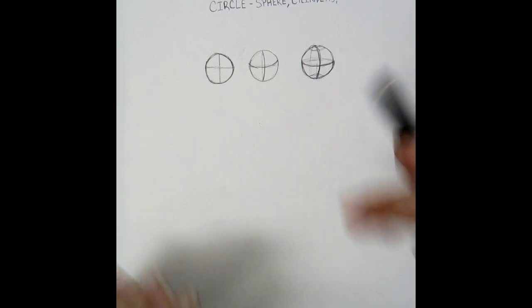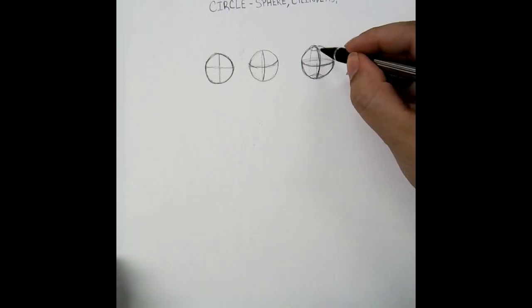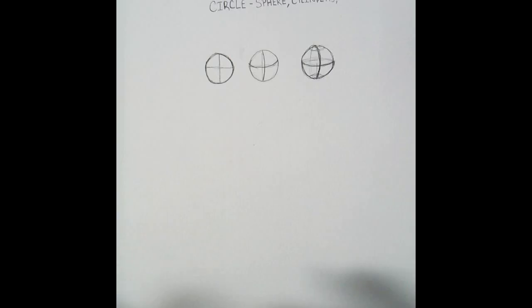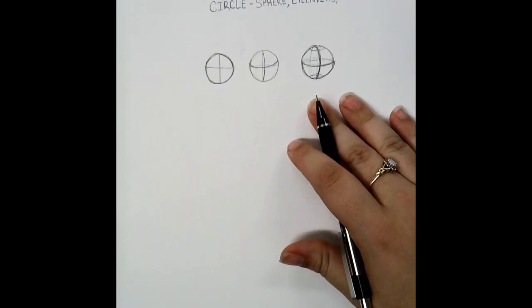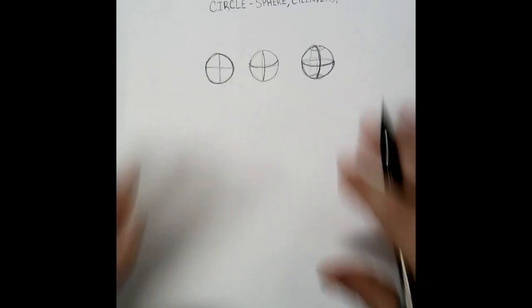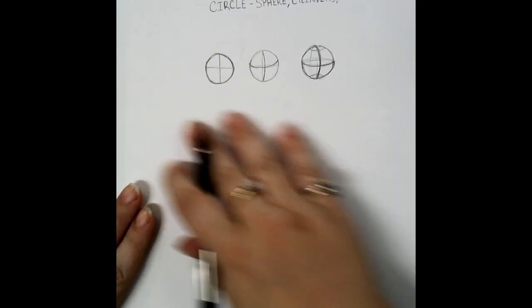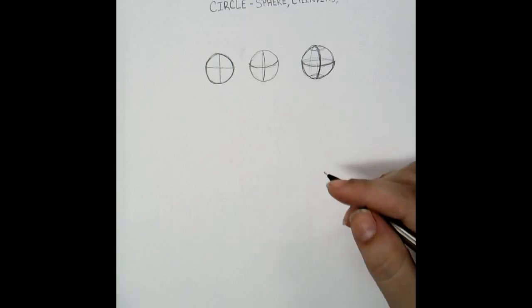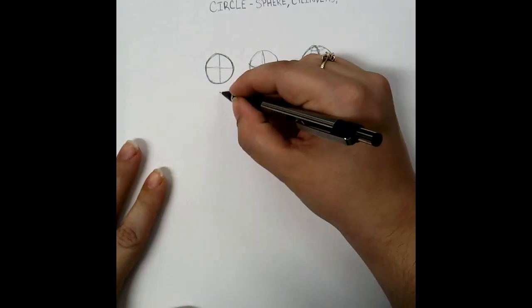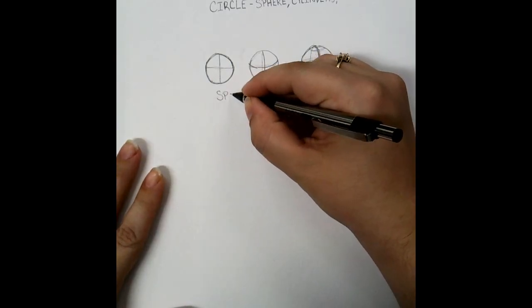It remains flat, but we're looking in 3D. Having these curvature lines helps our eye and our brain to look at this and interpret it as such. So here we have our sphere. Spheres can also, we'll just write sphere here.